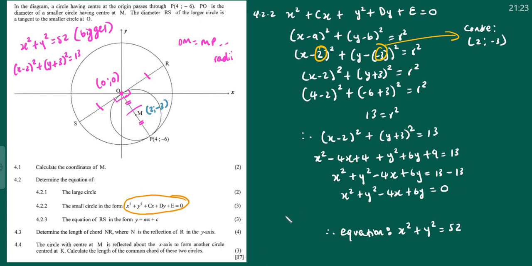Tell me something. Do you still remember? Let me maybe do it on another page. I want us to see if we can still remember. Let's just say you are given the equation of a circle in this form.